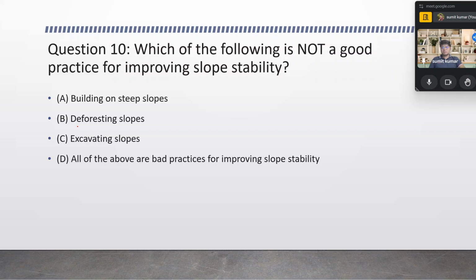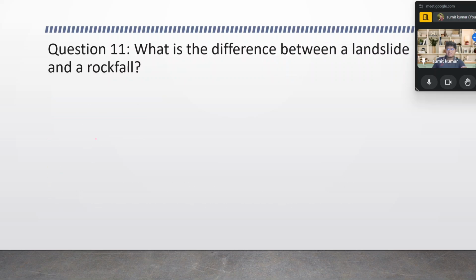Building on steep slopes, deforesting slopes, excavating slopes, all of them are bad practices for improving the slope stability. Specifically, if deforestation is performed along the slope's surface, the chance of slope failure will increase. Excavation is a major cause. So all of the above is the correct answer for this question.